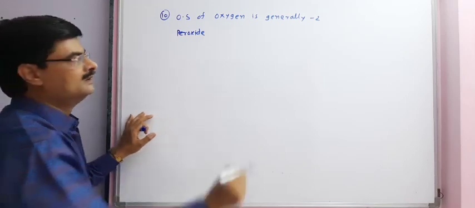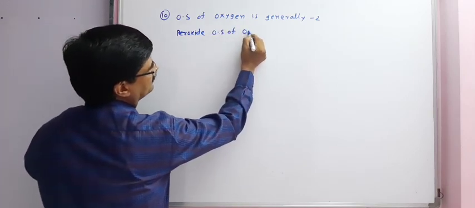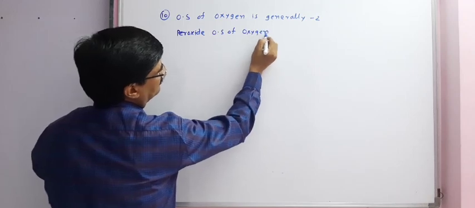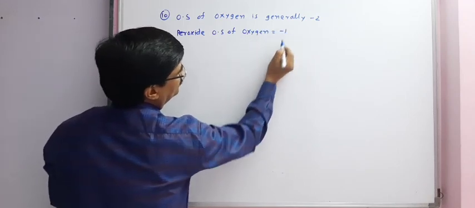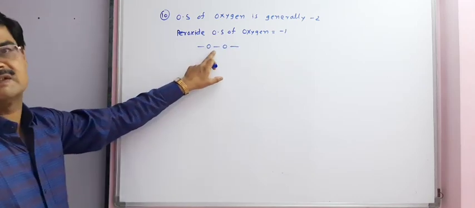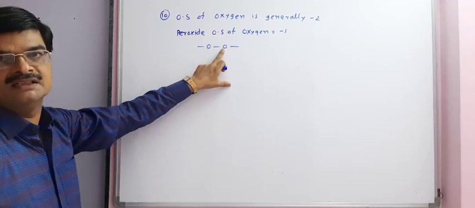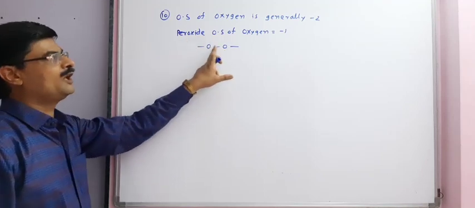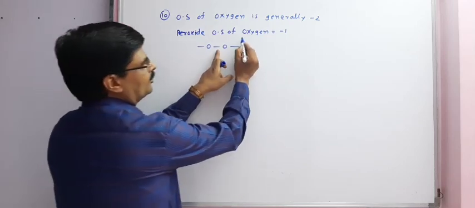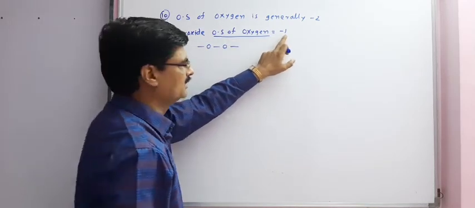In peroxide, the oxidation state of oxygen is equal to -1. This linkage is known as peroxy linkage. Hydrogen peroxide, barium peroxide, etc., have the peroxy linkage present, so we will consider the oxidation state of oxygen to be -1.